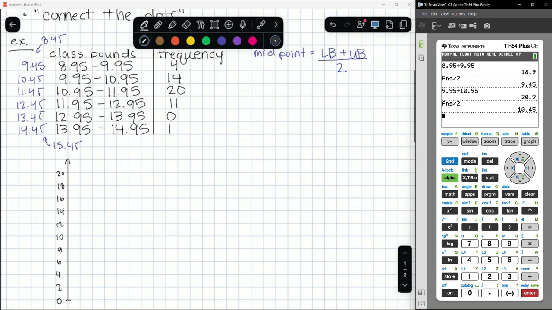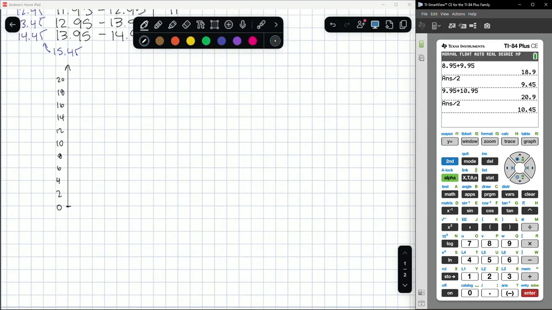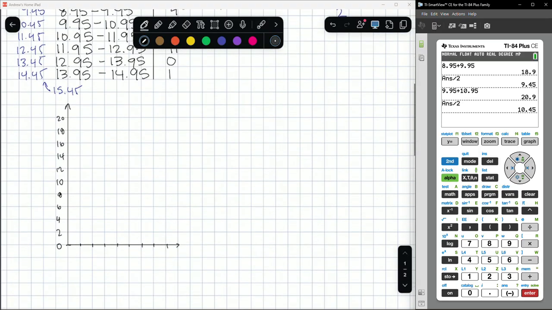And then here I'm going to go back and count my numbers. So 1, 2, 3, 4, 5, 6, 7, 8. So I need to go 8 out the other direction. So 1, 2, 3, 4, 5, 6, 7, 8. And then we label them starting with 8.45 and counting up.